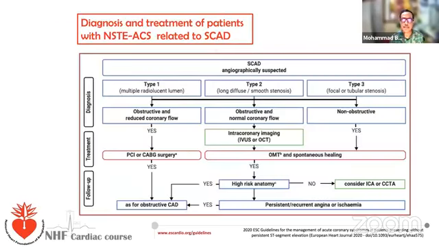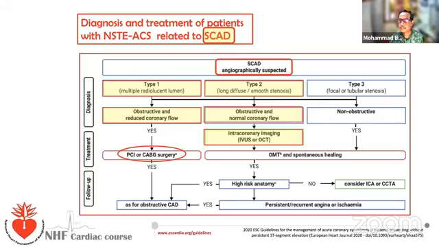This is spontaneous coronary artery dissection, angiographically suspected. Type 1 is the multiple radiolucent lumen, which is obstructive with reduced coronary flow, and should go for CABG or PCI. Type 2, long diffuse smooth stenosis, is obstructive but with normal coronary flow. We should go for intracoronary imaging.